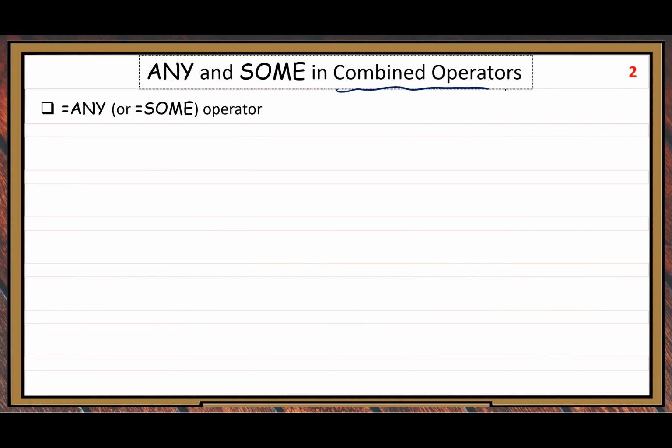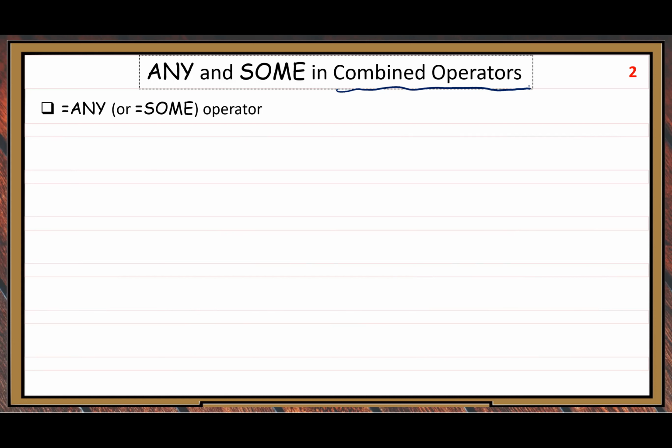So what do we mean by combined operator? Two or more, here typically two different operators, we put them together to form a new operator. Here, equal is one operator, any is another operator. Equal, any, we put them together, so we get a new operator.